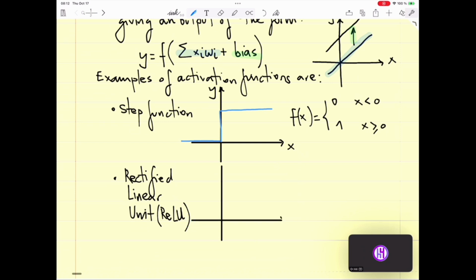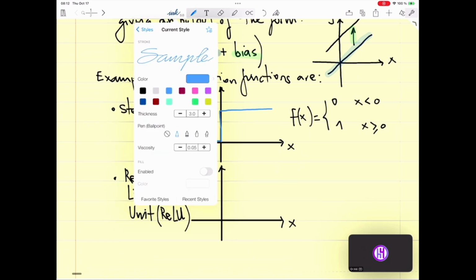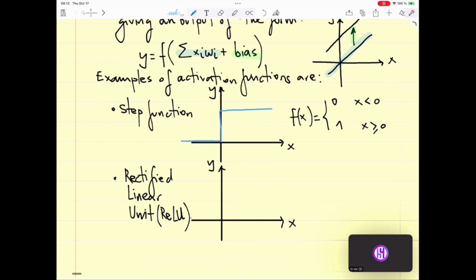So if this is x and this is y, we have 0 for x smaller than 0 and y equal x for x bigger than 0.